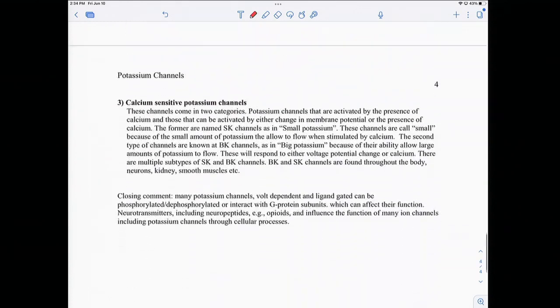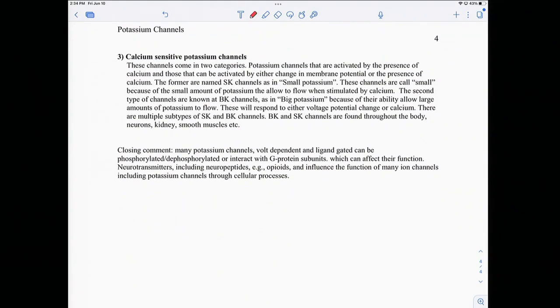Okay, last one is going to be the calcium-sensitive potassium channels. You can look at the name and, again, say what's going on here. This one's kind of interesting in the sense of it kind of blurs the traditional lines of categories. So you have two general categories of calcium-sensitive potassium channels.